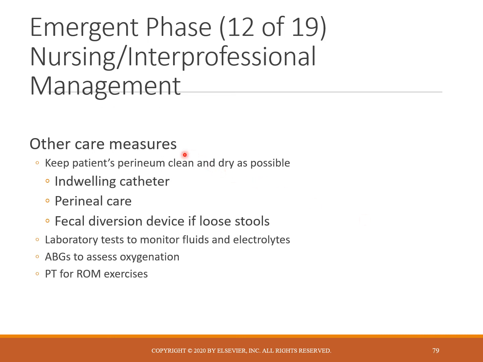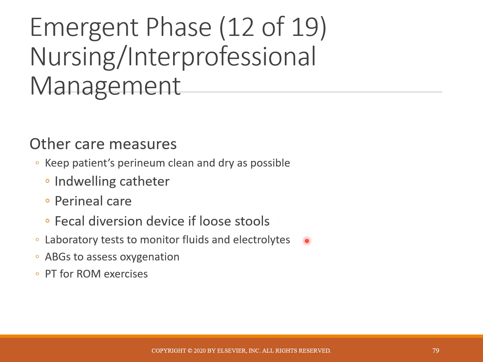Now for the perineum, we want to make sure it's clean and dry. And especially if they have an indwelling catheter, we have to perform perineal care. And if your patient is having a lot of diarrhea or loose stools, we can use a fecal diversion device, also known as a fecal management system.